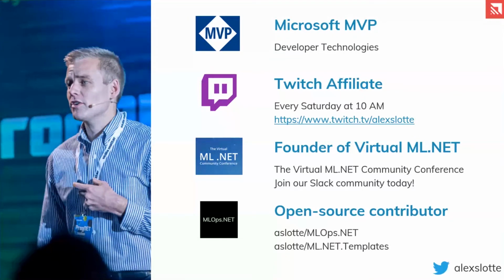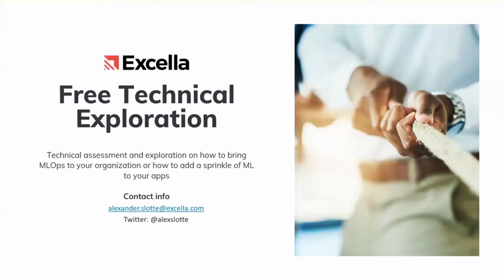But on the side here, I love ML.NET, and I spend all my time mostly promoting the library, talking about it. I founded a conference regarding ML.NET with some other folks last year, and I also do some open source tools for the community. So for example, MLOps.NET is a tool that I've written with some other people around the world, and we will definitely dive into that a bit later as well.